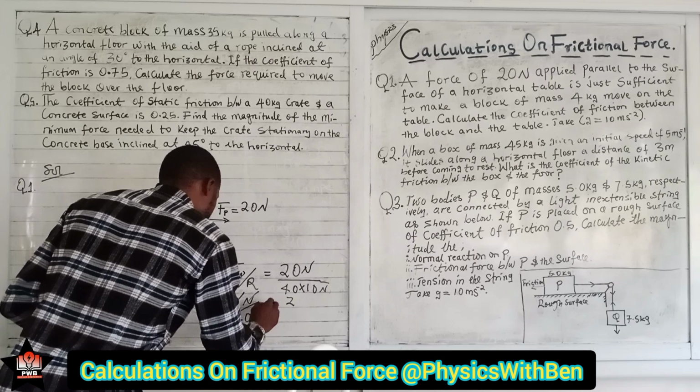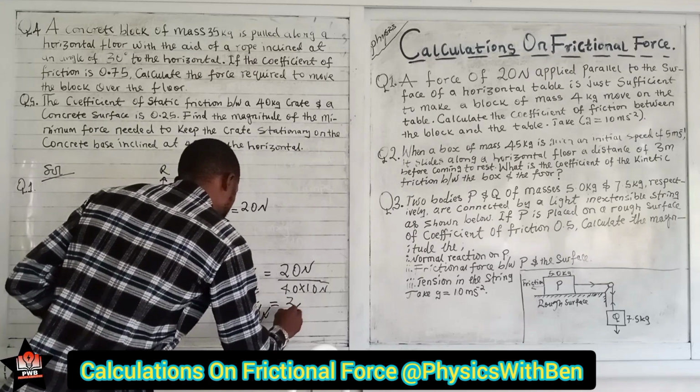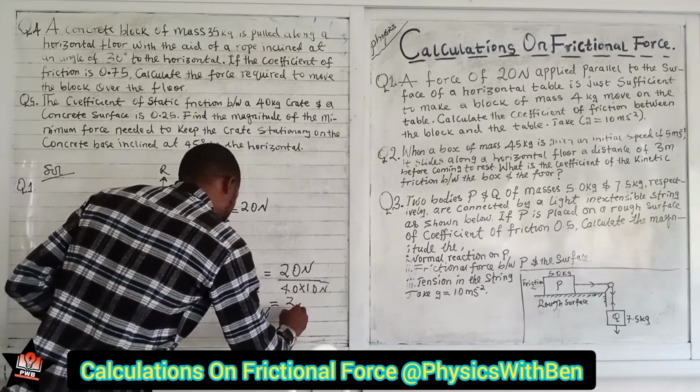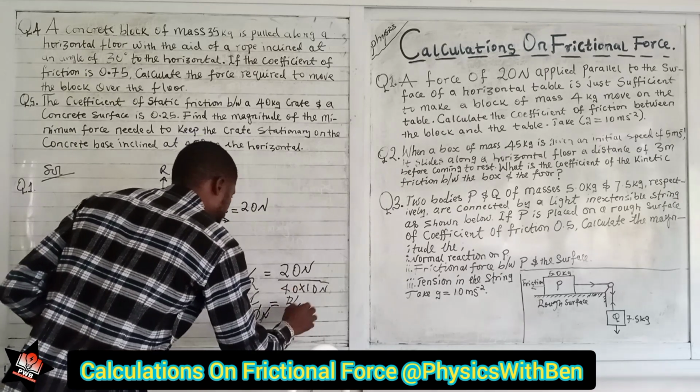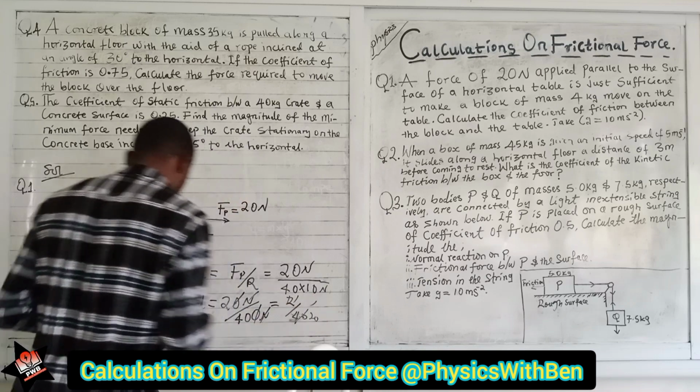Newton will go with Newton, so we are left with 2 divided by 4, that is 0.5.